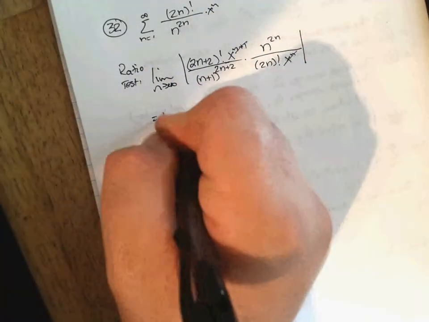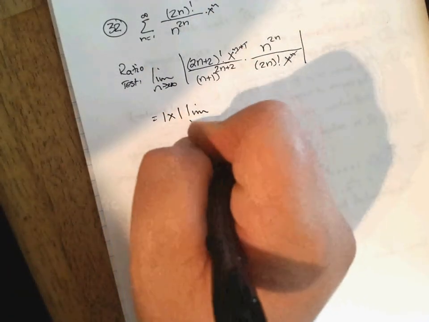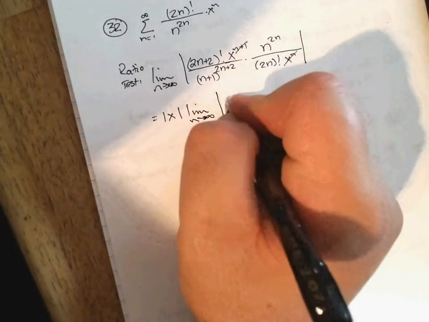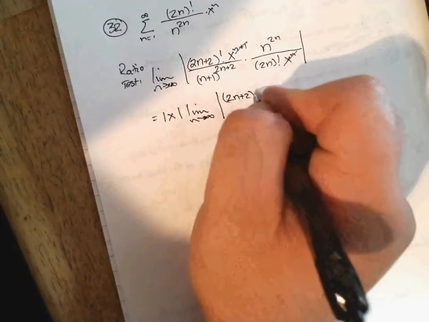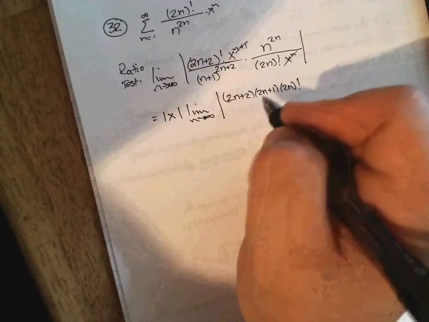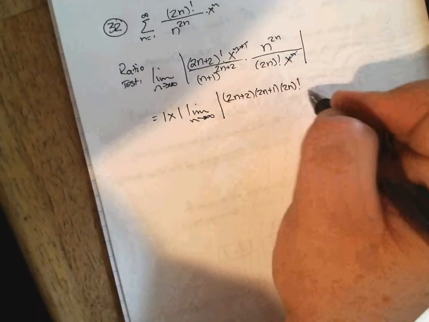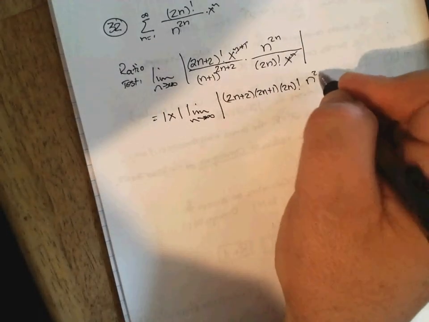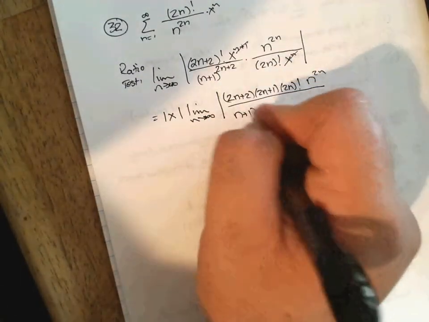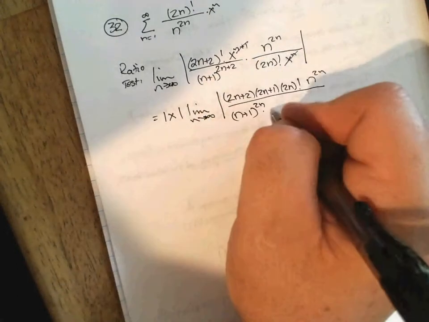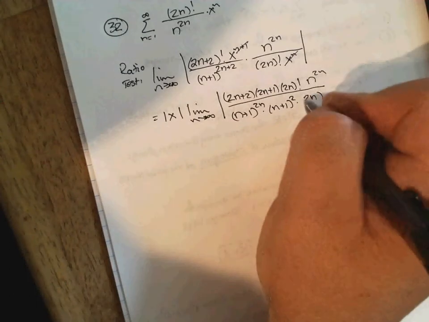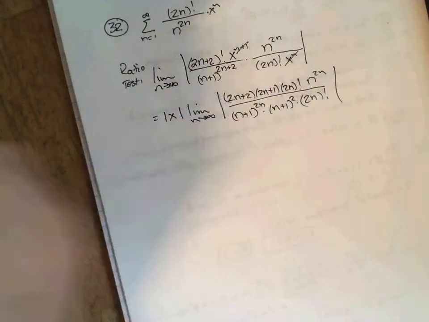And do your cancellations. Well, first, the x's are always easy. X to the n cancels with n of those, leaving an absolute value of x, which you can pull outside the limit. 2n plus 2 factorial is 2n plus 2 times 2n plus 1 times 2n, and that's where I'll stop and write a factorial so that I can have it cancel with this one. n to the 2n, and in the bottom, n plus 1 to the 2n, and n plus 1 to the 2.